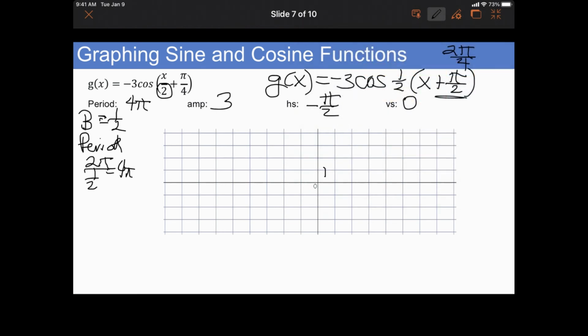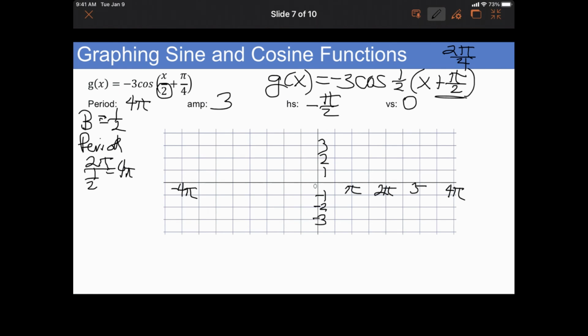All right, so we're going to go up 3, stretching, and we're stretching and flipping. For our period, it is 4 pi. Here's 4 pi. Halfway of 4 pi, half of 4 is 2 pi. Half of 2 is 1 pi.